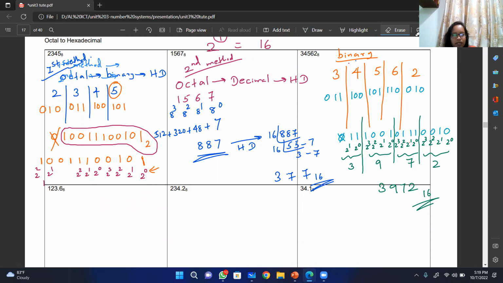Rather than writing the place values of 8 and adding them together, it's easy to write down the binary values. So we'll first convert this into binary. Although you have decimal places here, it is the same process. The only difference is you have to put the decimal point, but the method is the same.